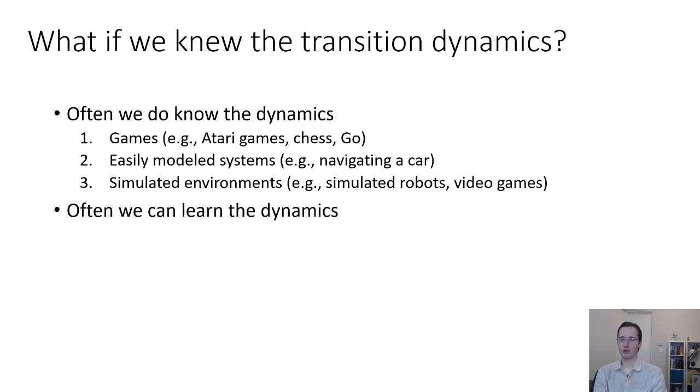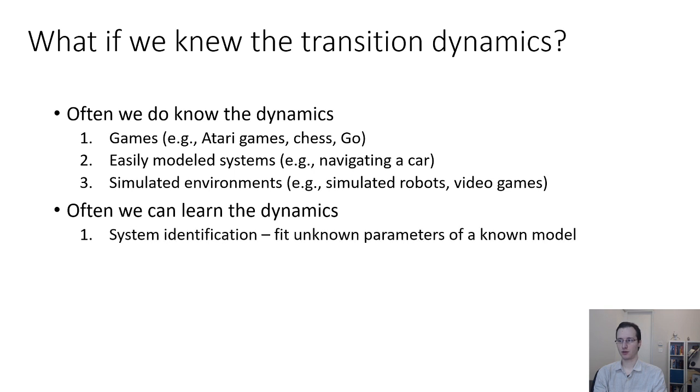All right. Now, in many other cases, even if we don't know the dynamics, they might be fairly easy to learn. A very large subdomain in robotics, for example, is system identification. System identification deals with the problem of fitting unknown parameters of a known model.